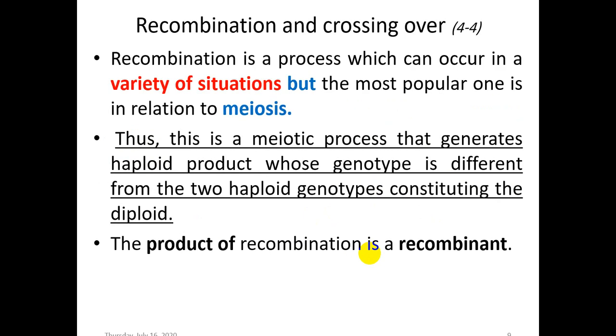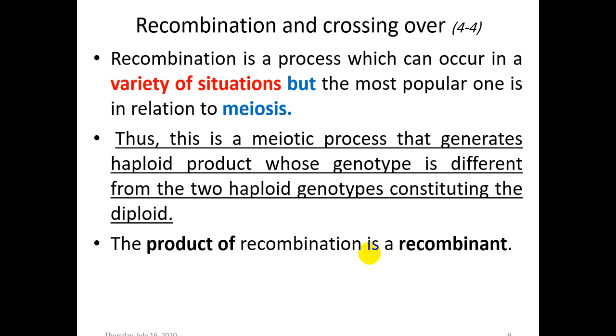Recombination and crossing over. Recombination is a process which can occur in a variety of situations, but the most popular one is in relation to meiosis. So it occurs in other stages too, but it occurs more often in meiosis.